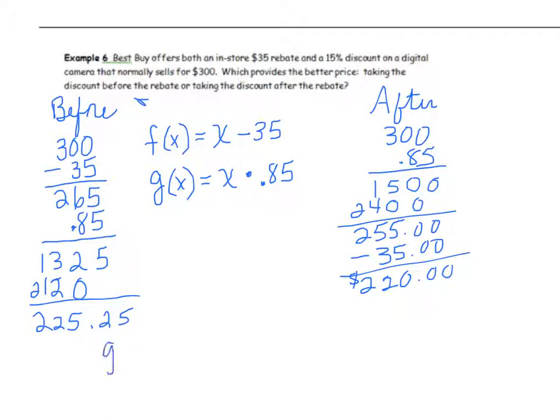This would be g of f of x, right? Because I would take the rebate first and then the 85%. And after, this would be f of g of x, because I would take the 85% first, or the 15% discount, and then I would apply the rebate. So that's how that goes.